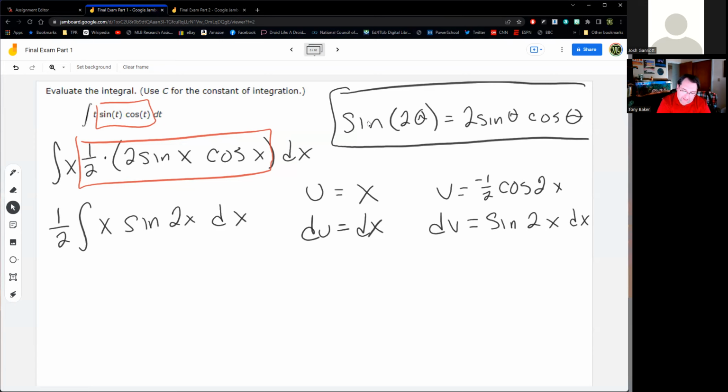So we've got my u, du and my v, dv now. So remember, integration by parts is uv minus the integral of v du.